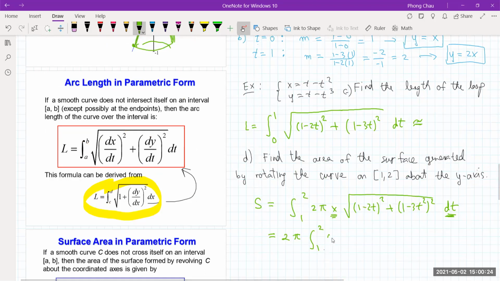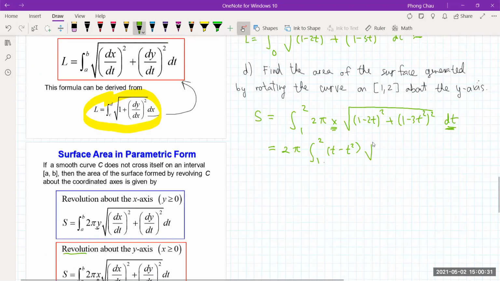So we write x as t minus t squared, and then times the square root of, again, (1 minus 2t) squared plus (1 minus 3t) squared dt. Once again, this problem is complicated, so we're going to do this on the calculator to approximate the answer.